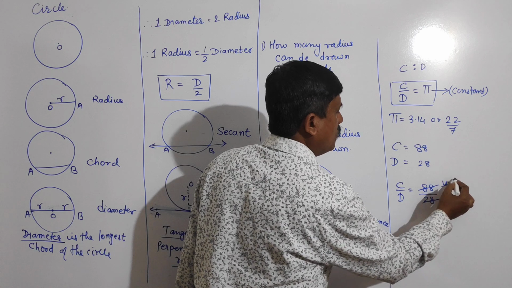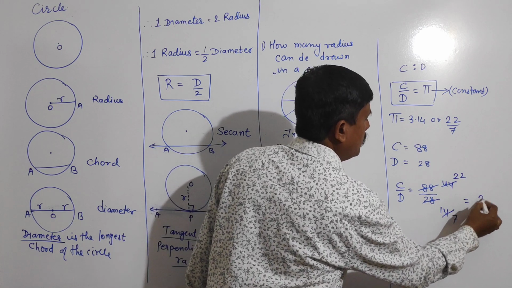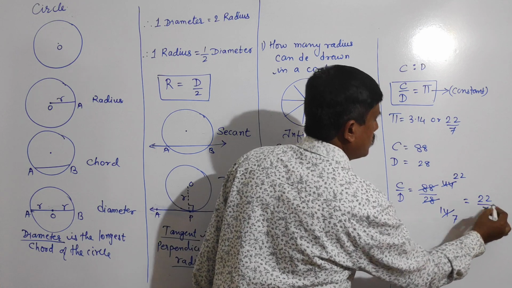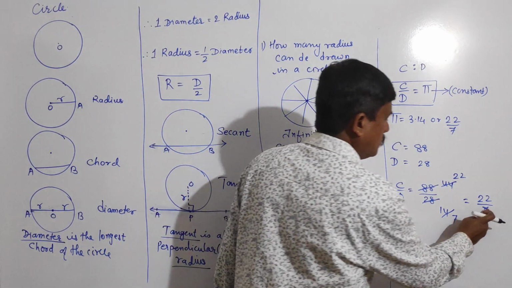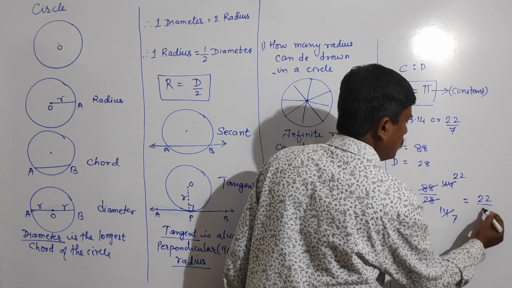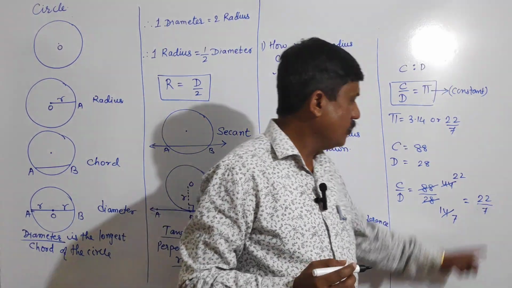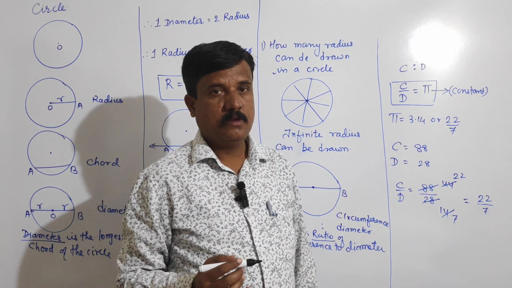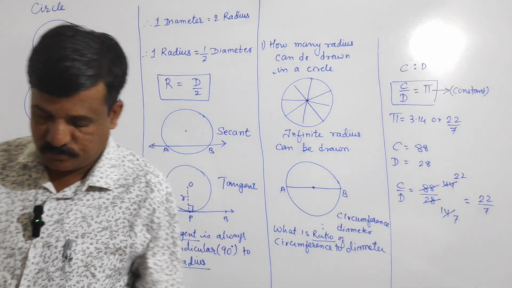Again in the table of 7, 22 upon 7 times. So the answer will be 22 upon 7. Understood? So this is called the ratio of circumference to diameter, 22 upon 7.